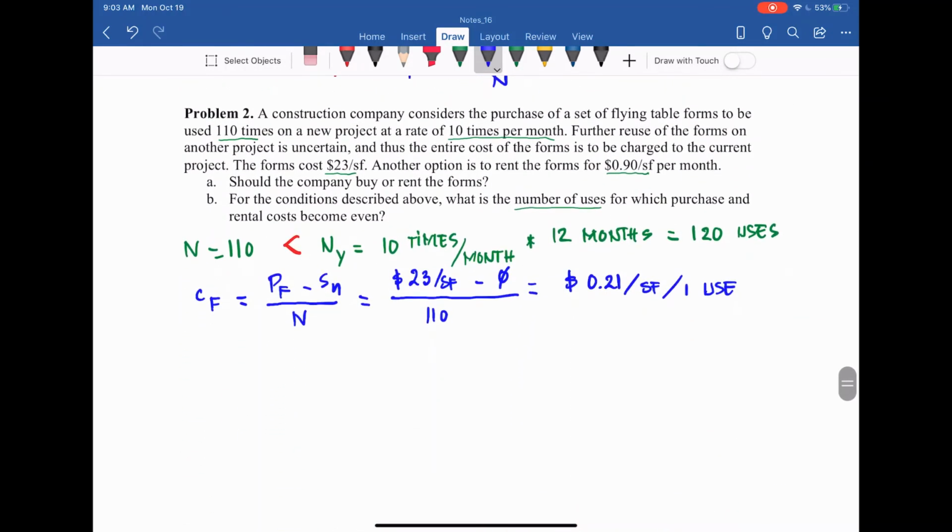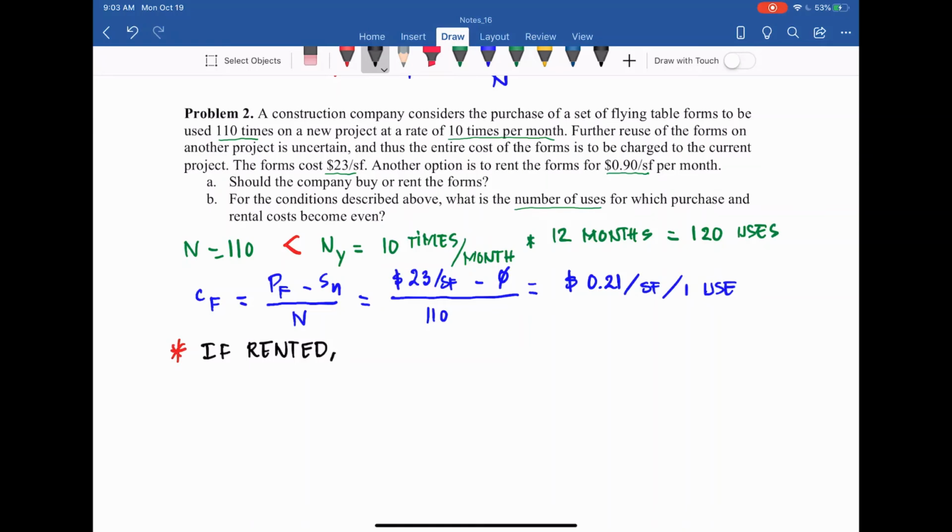So that is if you purchase. If rented, what should be the cost for 1 use? If rented, which is another option the problem gives us, then how many months do we need?